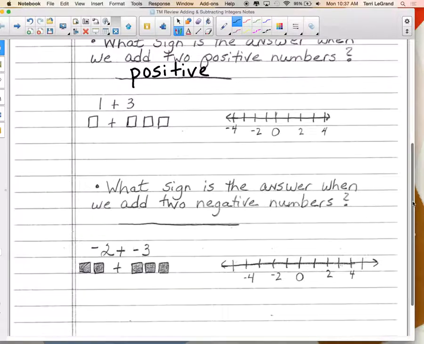So I have an example here, 1 plus 3. And we're going to look at it with both the algebra tiles, without actually having the algebra tiles physically in front of us, and the number line. So remember the little squares on the algebra tiles are the ones unit, right? What makes for a positive one? Shaded or unshaded? Unshaded, or the tan when we have the actual tiles, right?